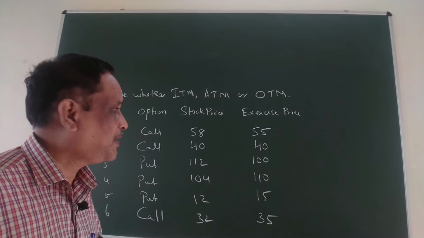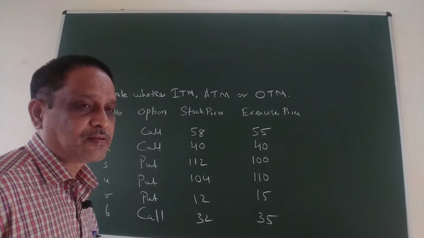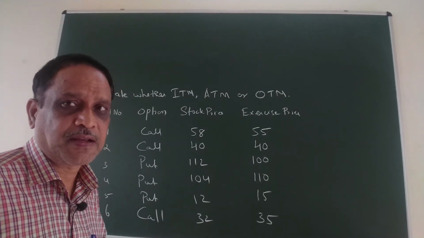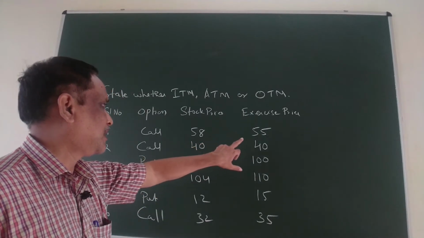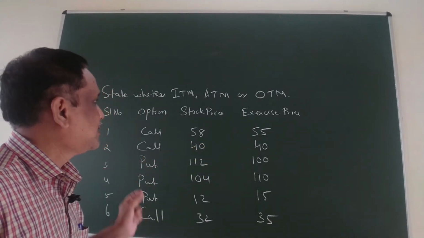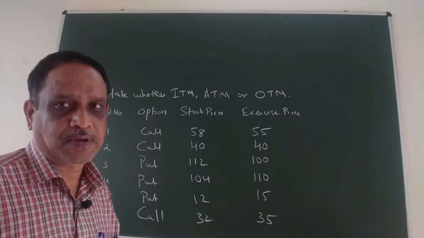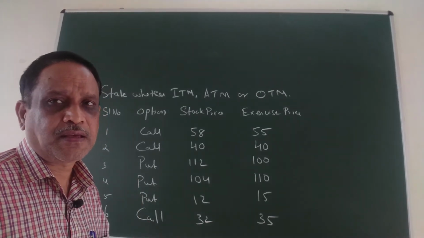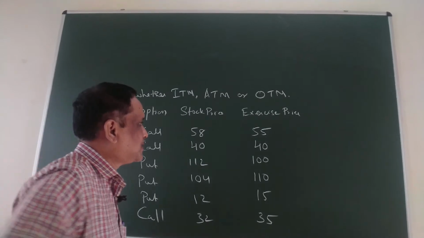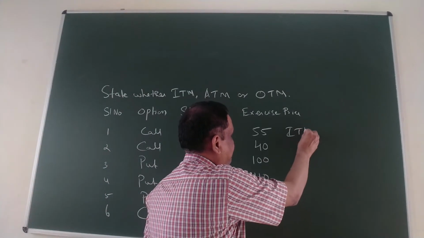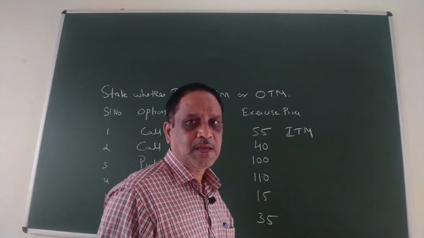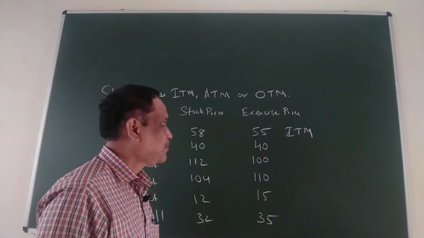The option has intrinsic value of 3 rupees. So it is called an in the money option. There is life in the option, so the answer will be ITM.